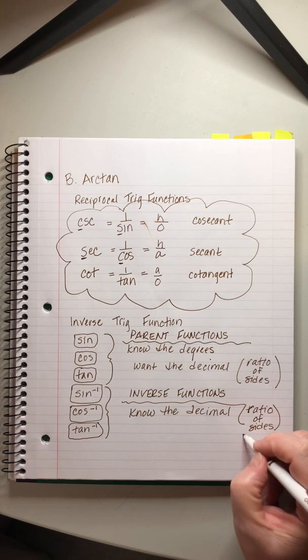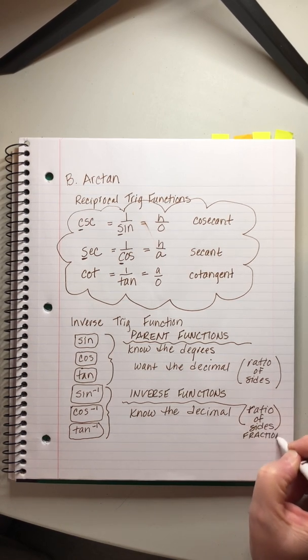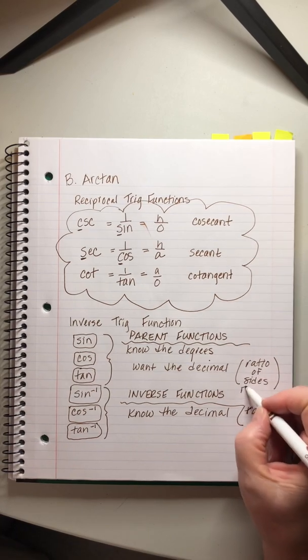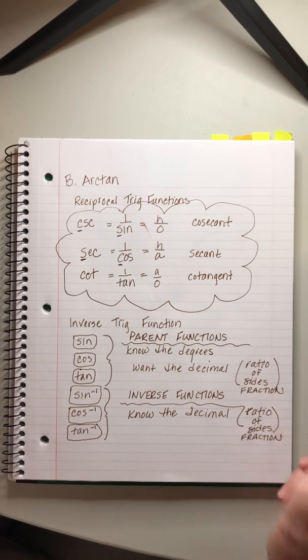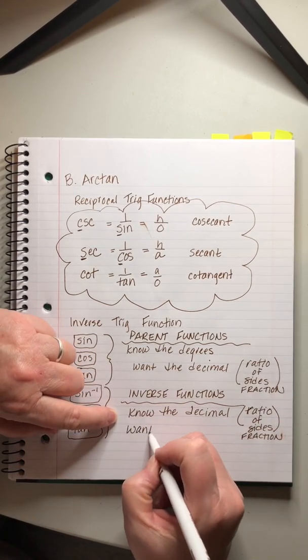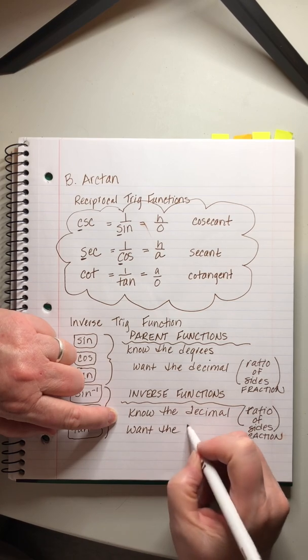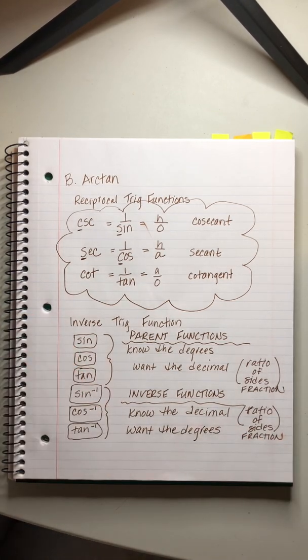And again, this is often expressed in a fraction. Same for this one. It's often expressed in a fraction. And we're going to see that again in just a minute. And in these, we want the degrees. We want to know how big the angle is, right? Okay, so that's what an inverse function is.